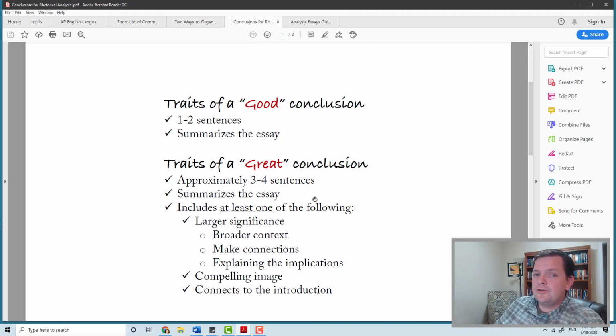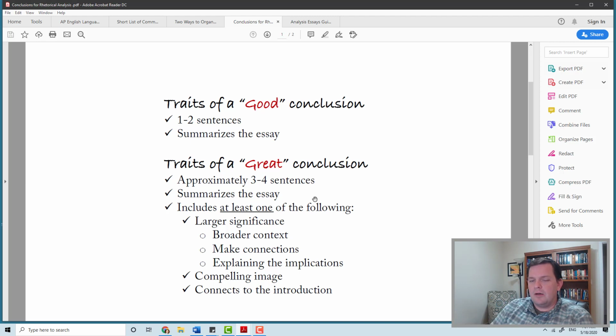Another way to conclude effectively would be to use a compelling image. So create an image in the mind of your reader. This shows your own rhetorical ability, which is good, and it's also just an effective way to conclude. You could also link back to your introduction. Now, this says 3 or 4 sentences.